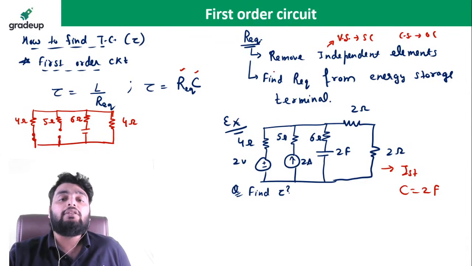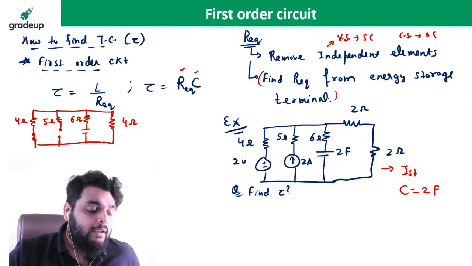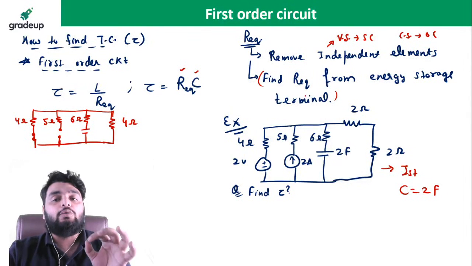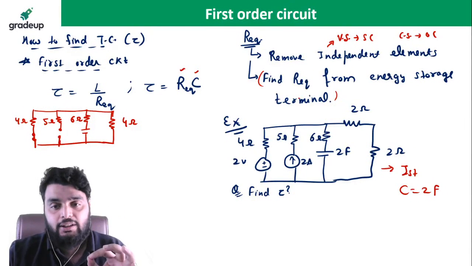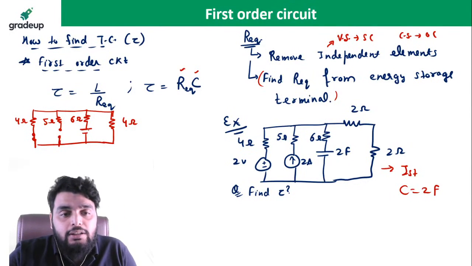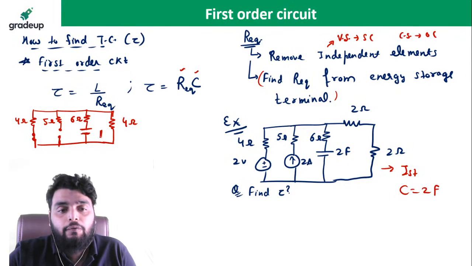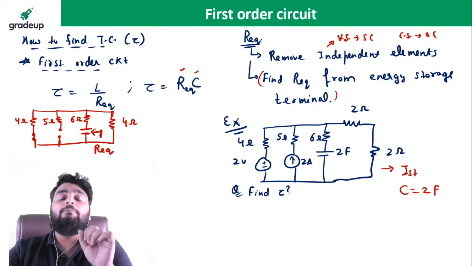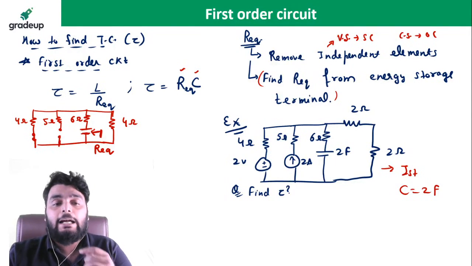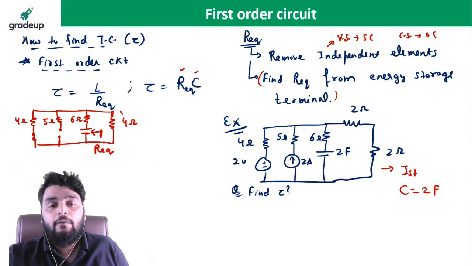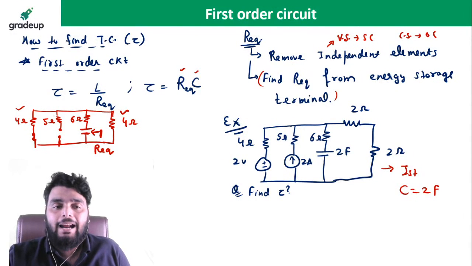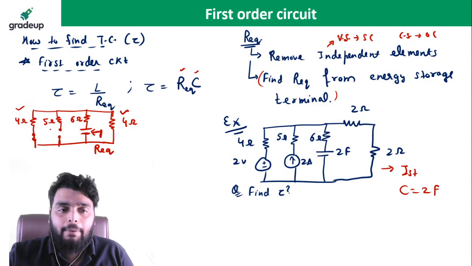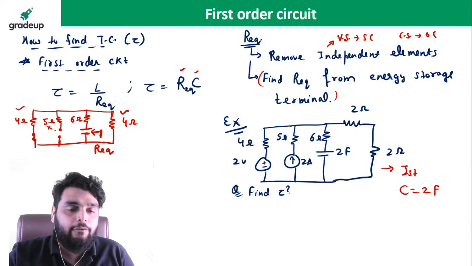Okay. Now the second point is very, very important. We need to find out R equivalent from the energy storage terminal. Now energy storage is here, so I need to find out R equivalent while seeing from this side. When you see your network from this side, you will see 4 ohm and 4 ohm are in parallel. Because this is open, no current will flow through the 5 ohm, right?